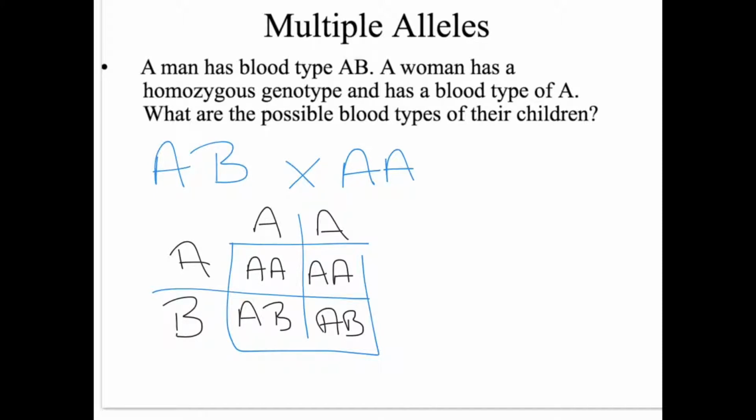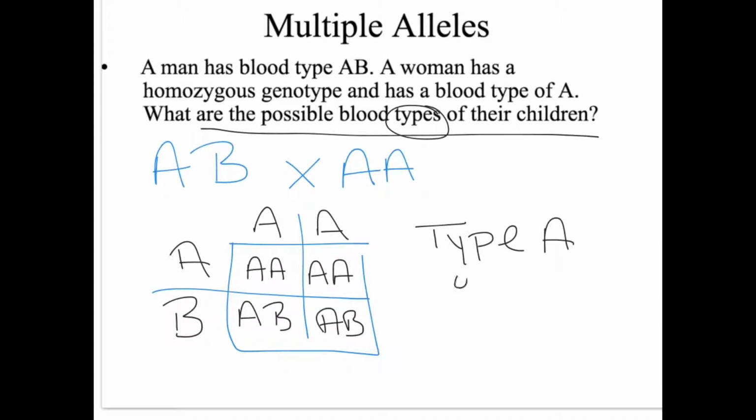So what are the possible blood types of their children? So in this one, we're not actually looking for ratios. We just want to know the actual possibilities. So asking for blood types means that we're asking for phenotypes. So these kids can either be type A or they can be type AB.